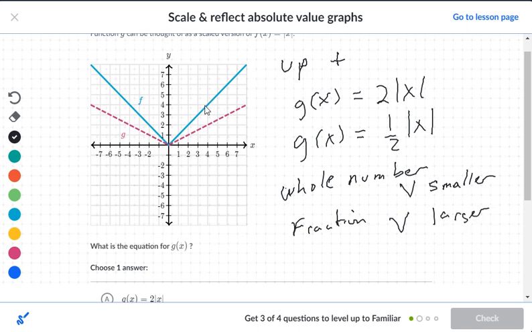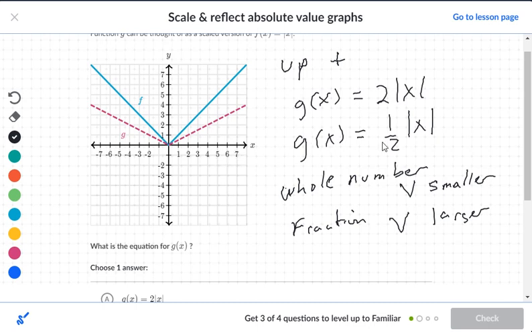So the original was the blue, and for it to be smaller, it would have to be inside of the blue. But actually, the red, which is the new one, g, sits on the outside of it. So it would lean more towards the fraction itself.